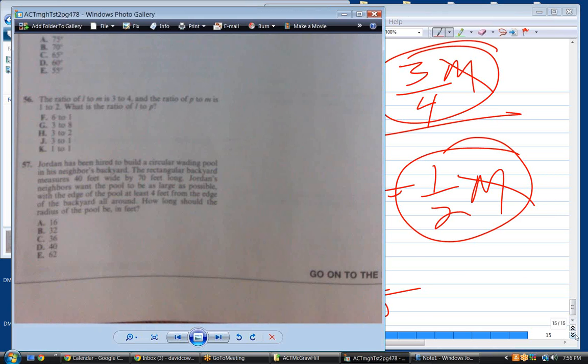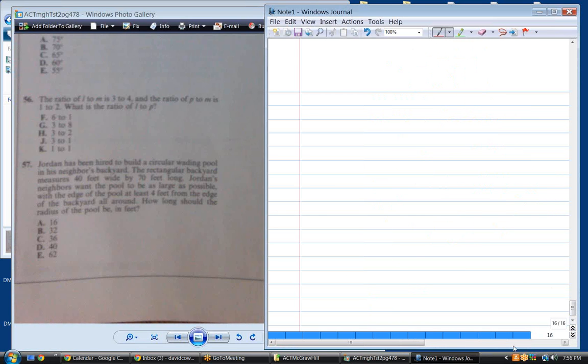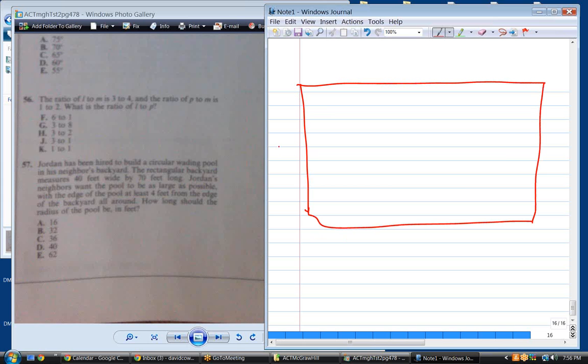I think I can draw this one. He wants to build a circular wading pool in a rectangular backyard whose dimensions are 40 by 70. Jordan's neighbors want the pool to be as large as possible, with the edge of the pool at least 4 feet from the edge of the backyard all around.